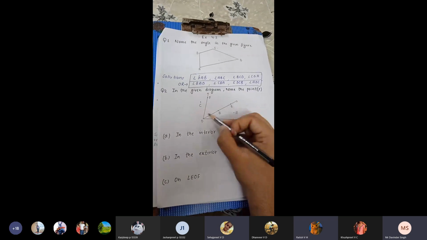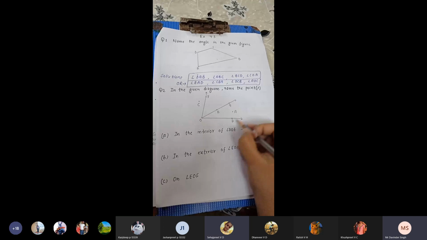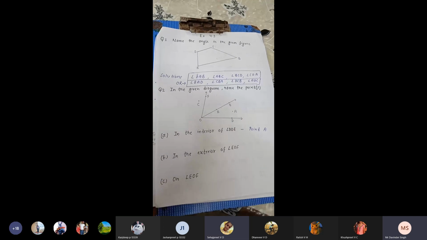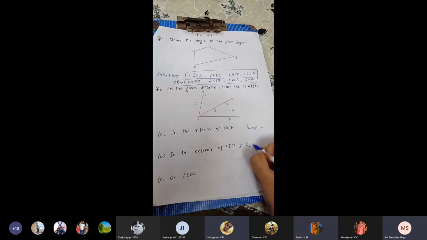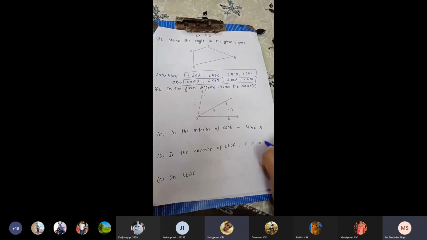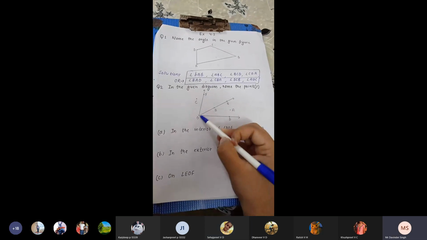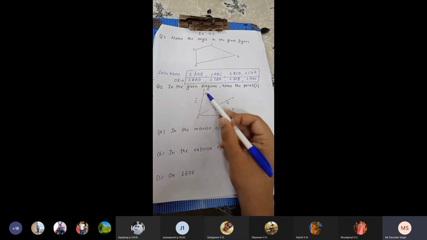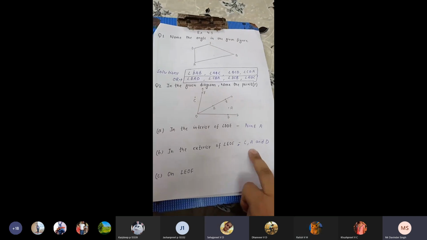Now which points are outside this angle? One is C, A and D. There are 3 points. So we can write it C, A and D. Right? Because we have to see this angle E, O and F. So C, A and D are the points.